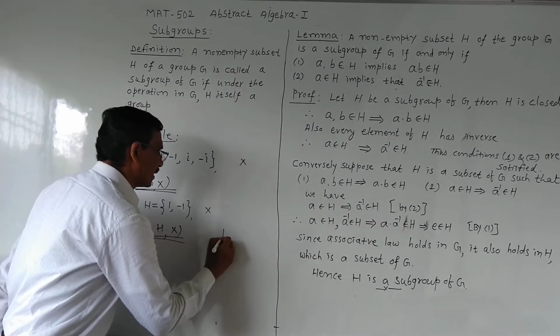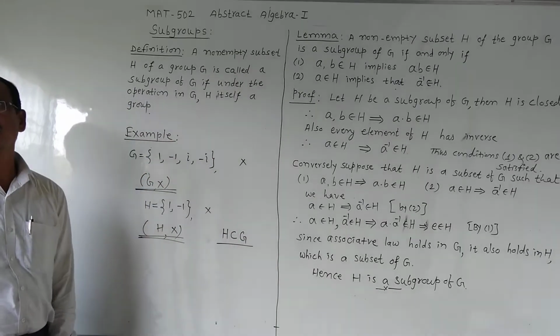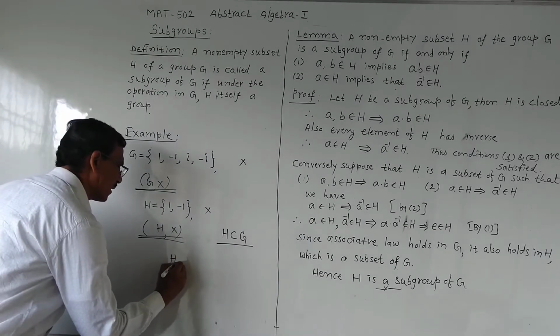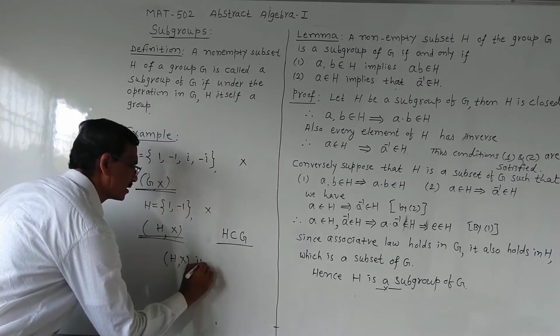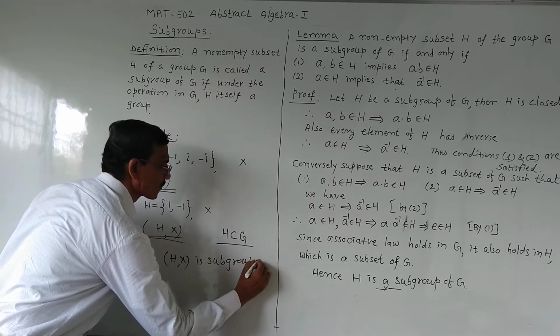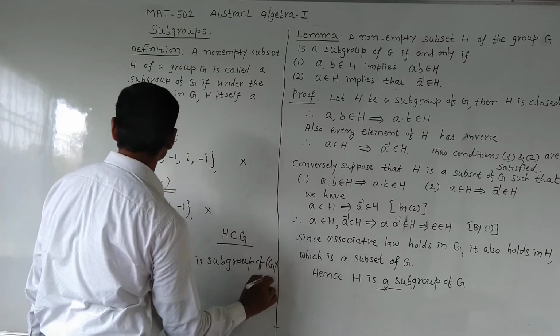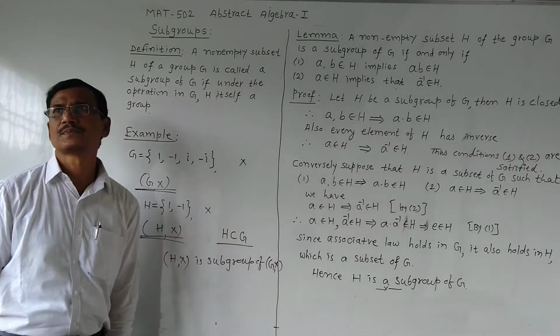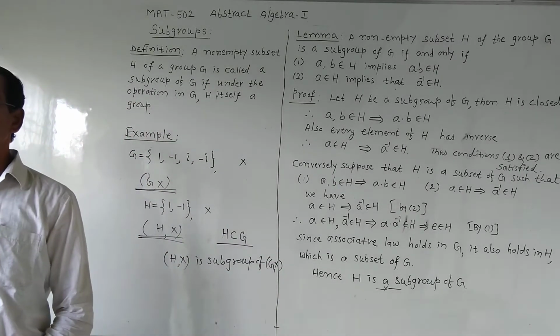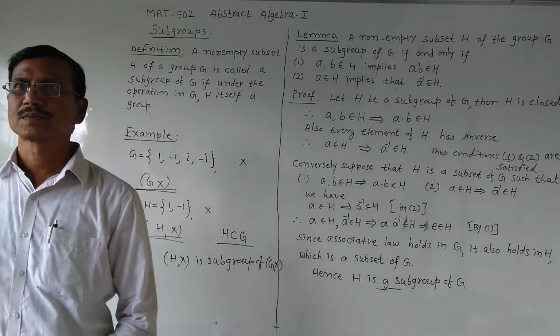But we observe that H is a subset of G, and therefore (H, ·) is a subgroup of (G, ·). These are some examples of subgroups.